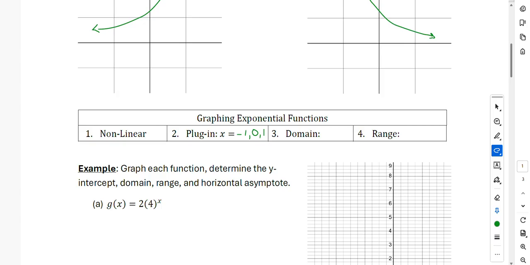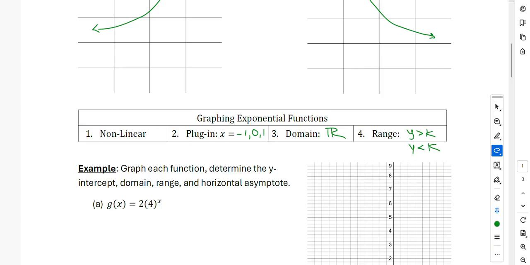The domain will always be all real numbers. We can plug anything into these functions. It won't be until Algebra 2 where that actually catches. And then the range will depend on a few different things. We will either have y is bigger than k or y is less than k.